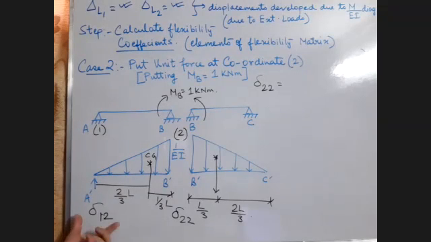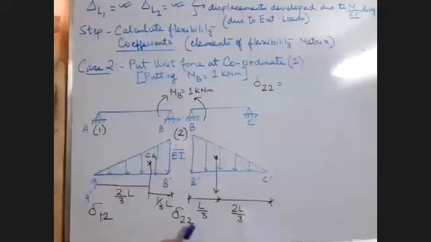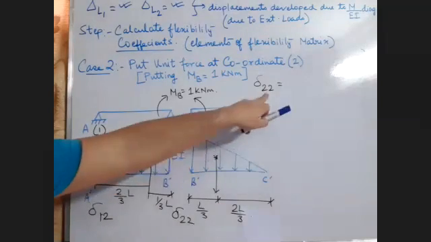Delta 1,2 will be the displacement at 1. Please listen. The displacement at 1 due to 2, and delta 2,2 will be the displacement at 2 due to 2.